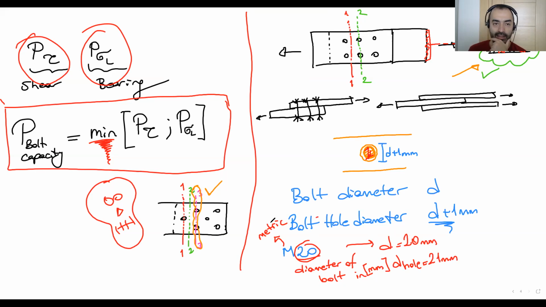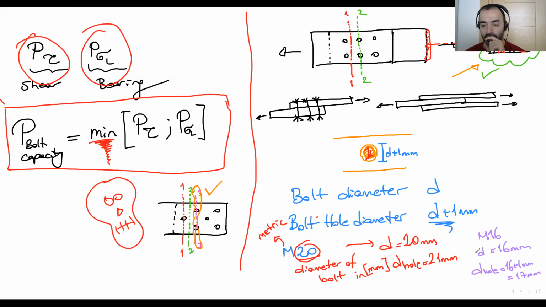Let's do another example. For example, if we have a bolt of M16, here the bolt is 16 millimeter, the hole is 16 plus 1 millimeter, so 17 millimeter. Okay, 17 millimeter.